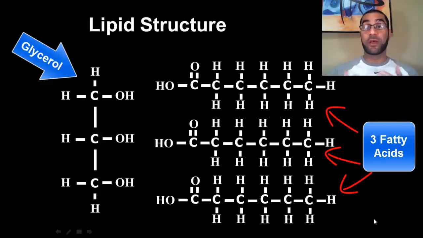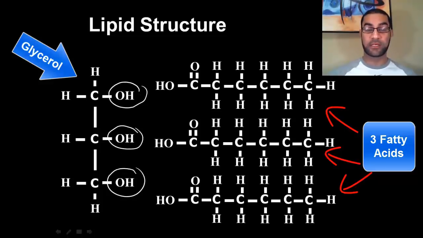Okay? For my honors students, hopefully you'll be able to recognize a few key functional groups that we talked about in the first video for this unit. You should be able to recognize the hydroxyl groups here on the glycerol molecule. Each carbon has a hydroxyl group that comes off of it. You might also have thought of this as a hydroxyl group, but keep in mind there's another functional group that actually has a hydroxyl group within it.